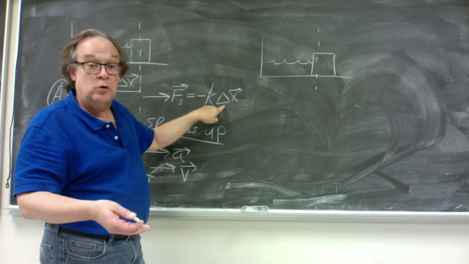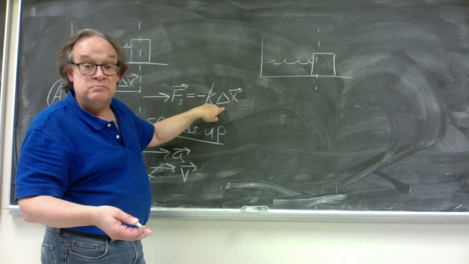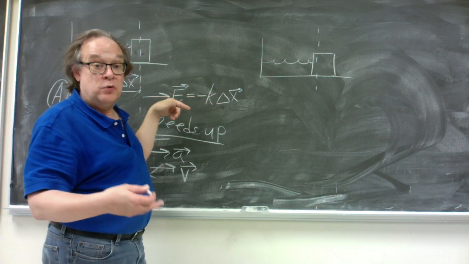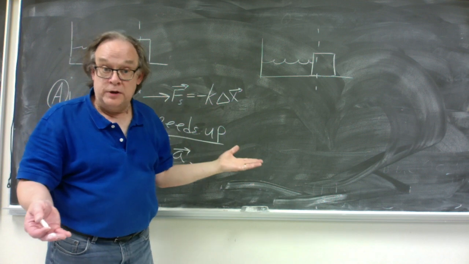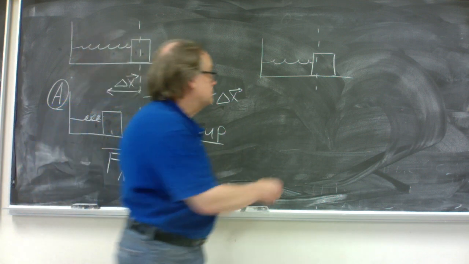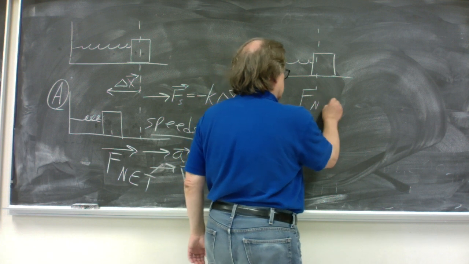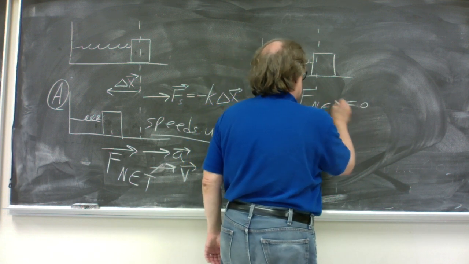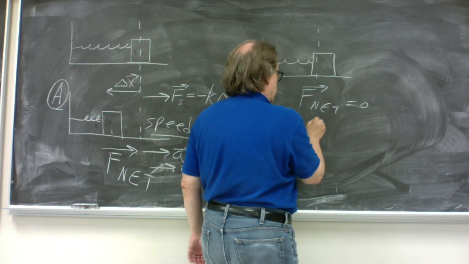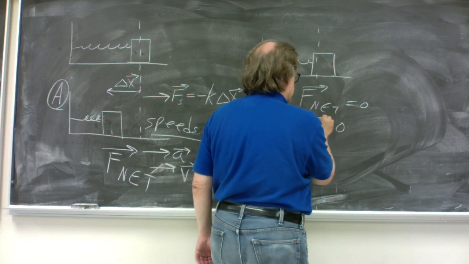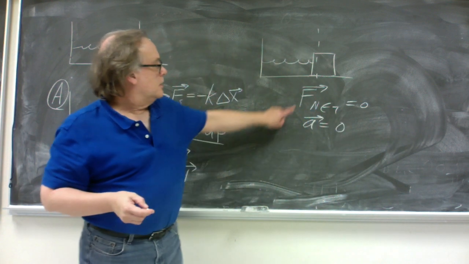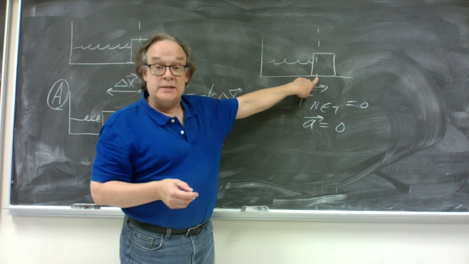The spring is at its normal length. So this is 0. There is no spring force, and therefore there is no net force. No net force means no acceleration at that moment. But there, of course, is velocity at that moment.